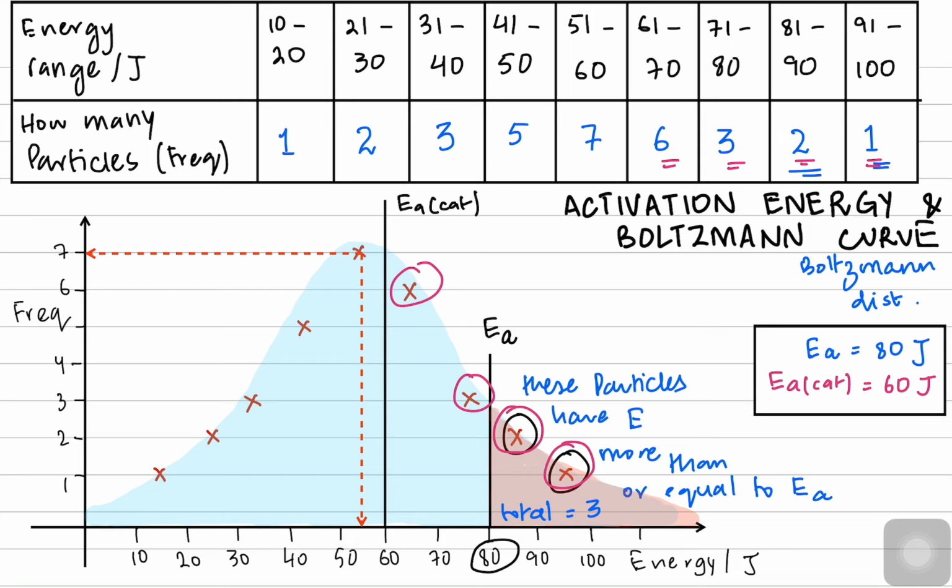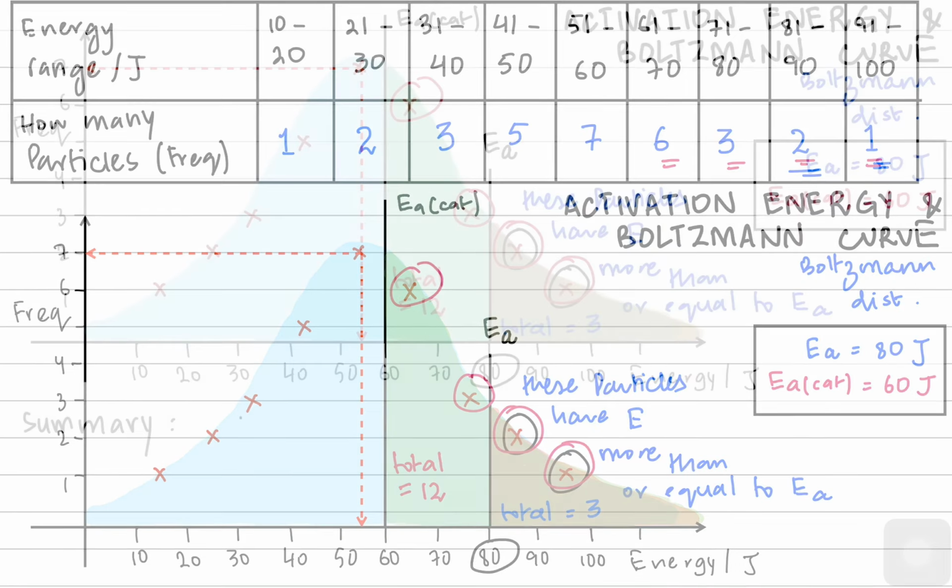Now almost 12 particles have qualified. These 6, 3, 2, 1, they all qualify. This green region shows all particles with energy more than or equal to activation energy.